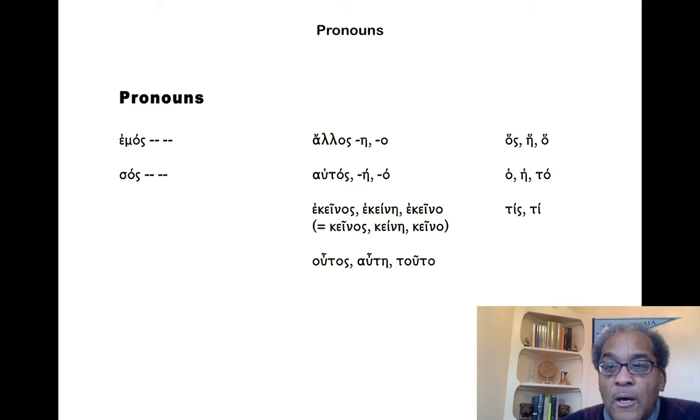And then ho, he, to, which in later Greek is a definite article, the word for the, but in Homer has a wider usage, as we will see. And then tis, ti, the question mark, who, what, or when it's enclitic indefinite, someone, something. So these are the pronouns that you should be familiar with by now and have learned the declension of.